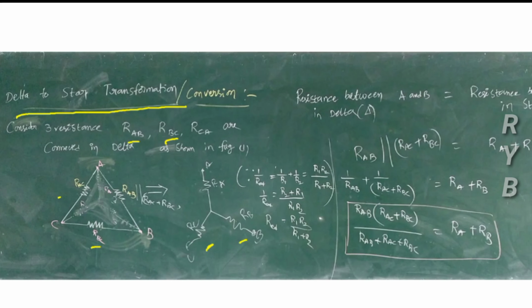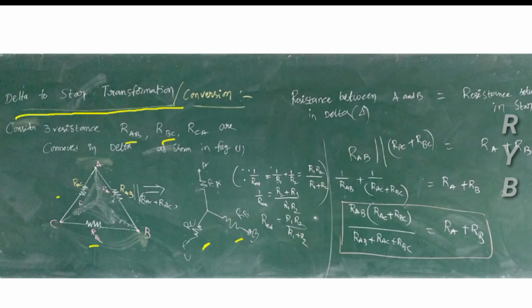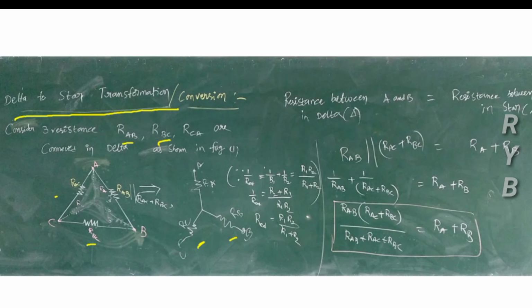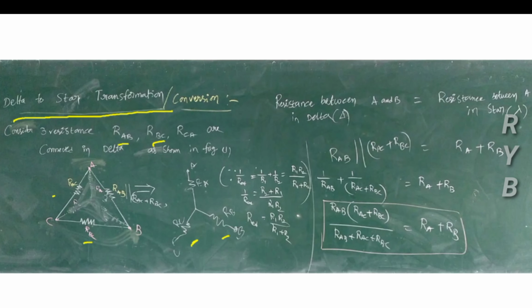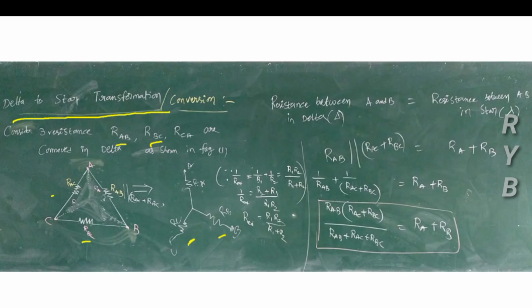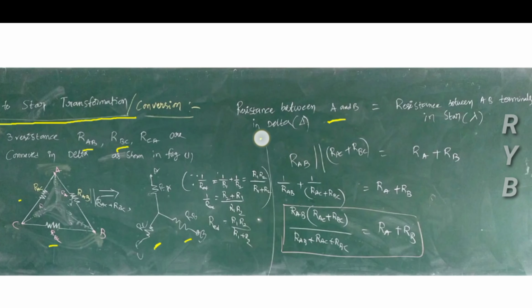By using a simple solution we can convert. Consider the resistance between terminals A and B in delta.